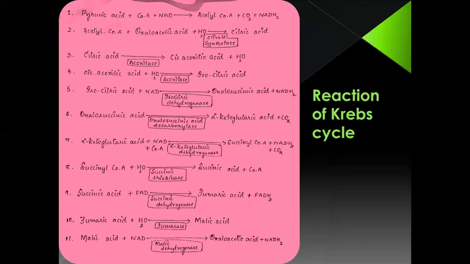Coming to the significance of the Krebs cycle: the net gain of ATP during aerobic respiration, as I said, it is aerobic respiration. Whenever a molecule of glucose undergoes degradation, 38 ATP molecules are liberated. I shall repeat, whenever a single glucose molecule undergoes degradation, it results in the release of 38 ATP molecules.